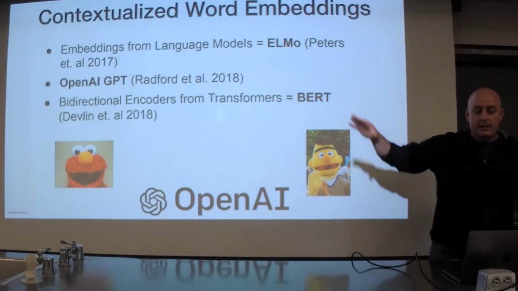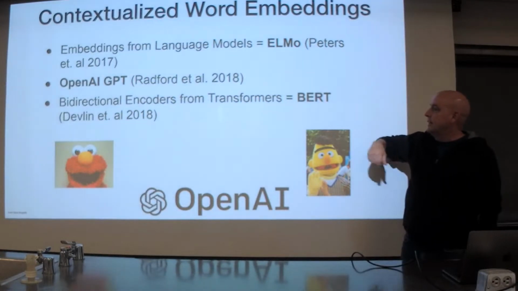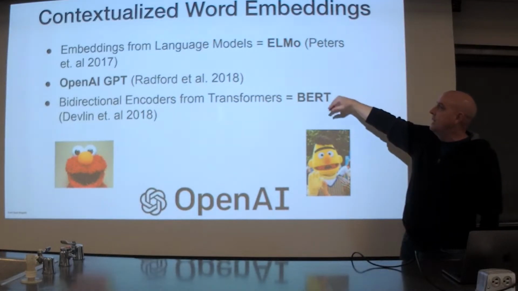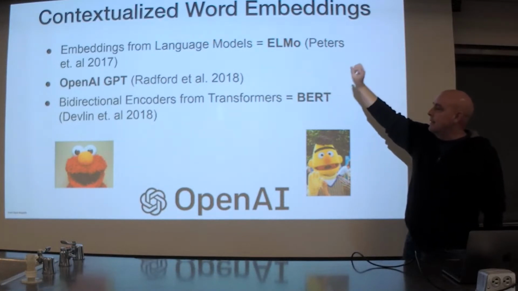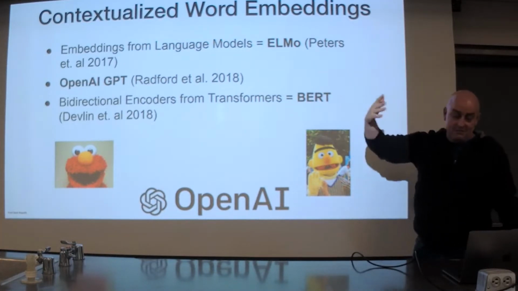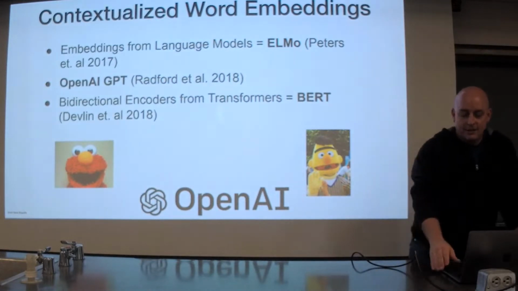We'll be talking about a couple of different kinds of transformers today, going by names like Elmo, GPT, which is, to my knowledge, not a Sesame Street character, BERT, and some variants of that.